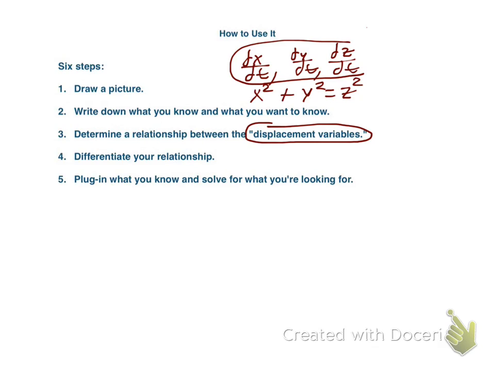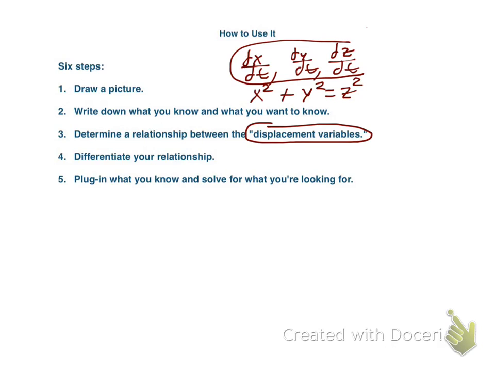And then from that, you now have those rates that you're looking for. Because you can't determine a relationship between the rates that you want to know and the rates that you have, you find a relationship between the displacement variables like x, y, and z, and then you differentiate that relationship to get a relationship involving those rates.